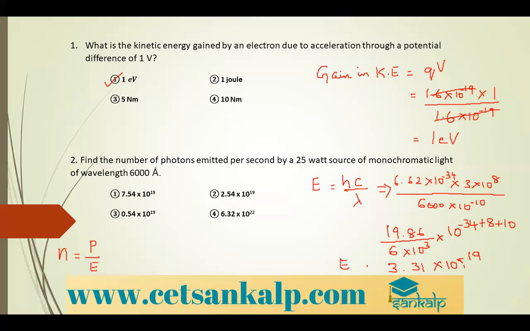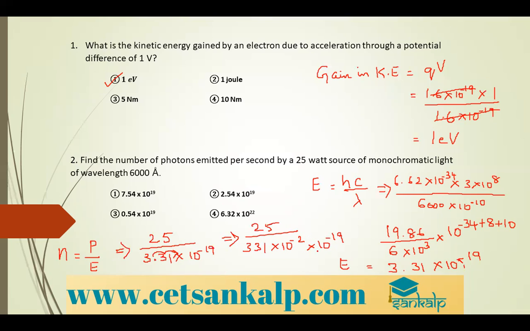Okay, that is your E. We'll substitute. 25 divided by 3.31 into 10 to the power minus 19. Now 25 divided by 331 into 10 to the power minus 2 into 10 to the power minus 19.